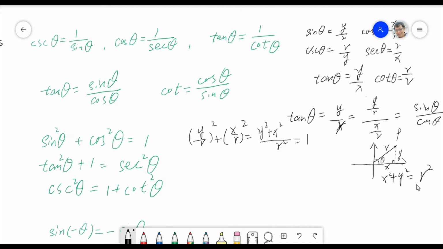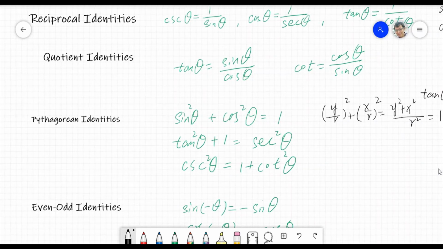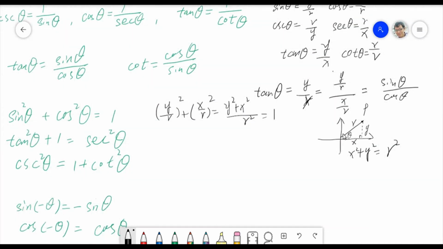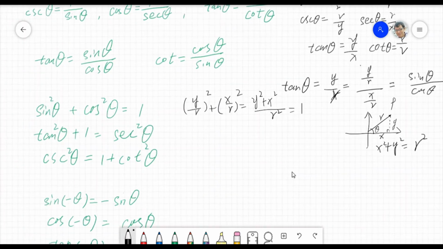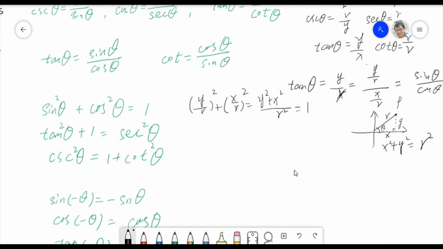So y squared plus x squared equals 1, right? So you can understand why this is called the Pythagorean identities. The Pythagorean theorem is based on a right triangle: the sum of the squares of the two sides equals the square of the hypotenuse, right?